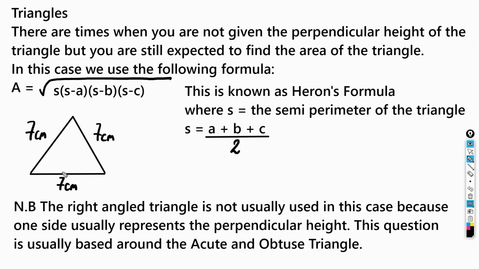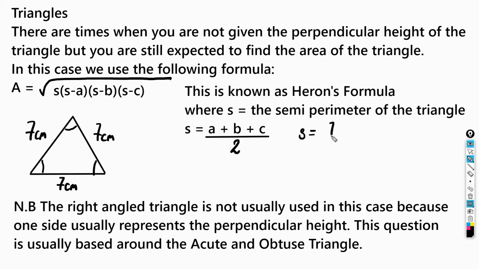So let's look at this example here. We have an acute triangle where all the sides are the same and all these angles are less than 90 degrees, as we can see. And we're told to find the area for this triangle. To find the area, the first thing we have to do is find S, which is the semi-perimeter.